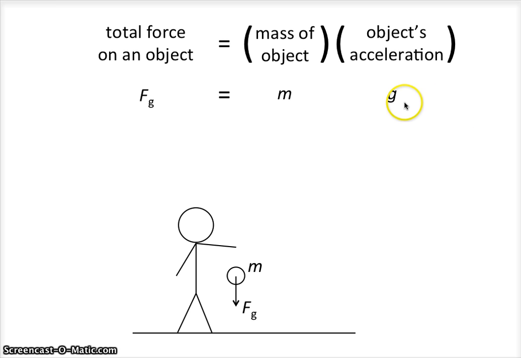It doesn't change for different objects. But even though this is a constant, the gravity force is not the same for different objects. A watermelon is heavier and has a bigger gravity force than an apple. That gravity force depends only upon the mass of the object, because little g is fixed, and it's the same for all objects. So what we do is we write a proportionality like this, which takes away anything that's constant, and it shows only the things that can change to impact the value of Fg.